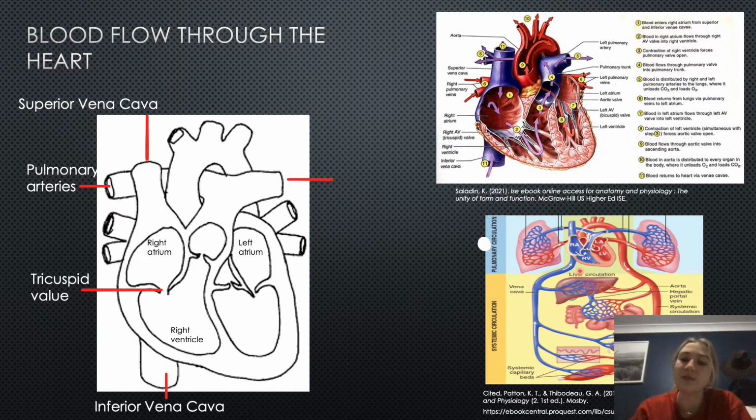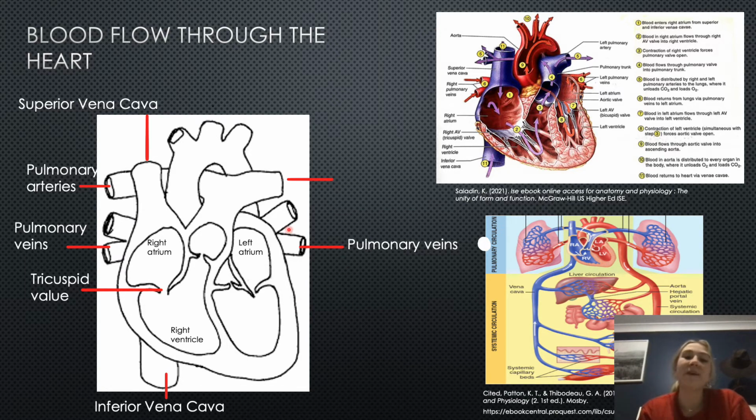Okay, so pulmonary circulation is where the deoxygenated blood travels to the lungs through the capillaries in the lungs and meets the alveoli. And the alveoli perform oxygenation where it oxygenates the blood. From here, it travels back to the heart and enters the heart via the pulmonary veins.